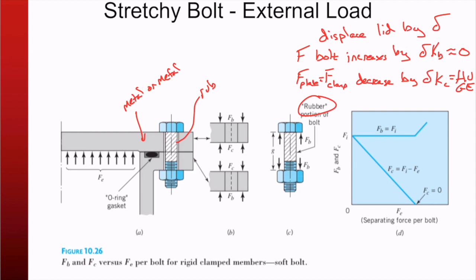So we see the opposite thing happen. The bolt tension doesn't increase at all because it's got such a small stiffness, whereas the clamping force drops significantly because metal on metal has a very, very high stiffness.